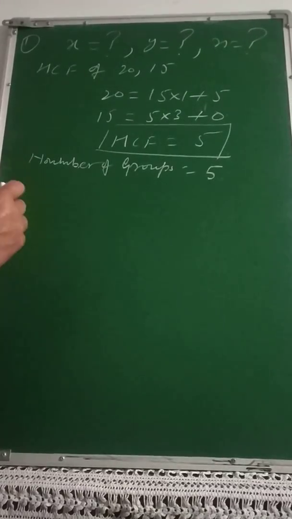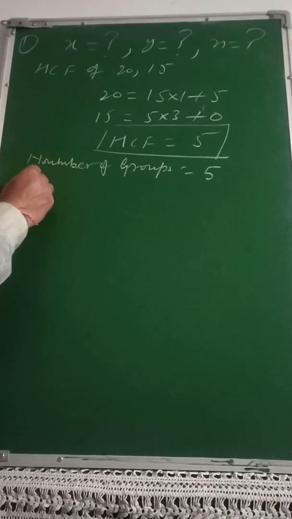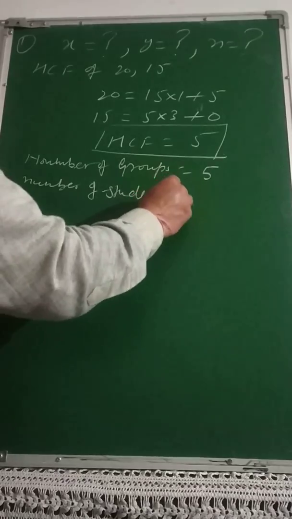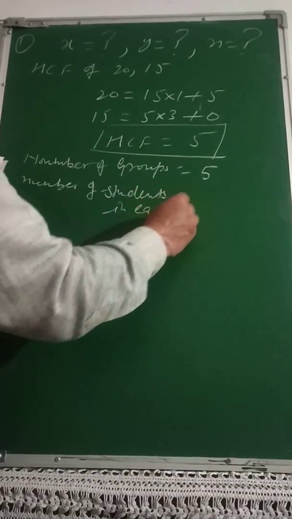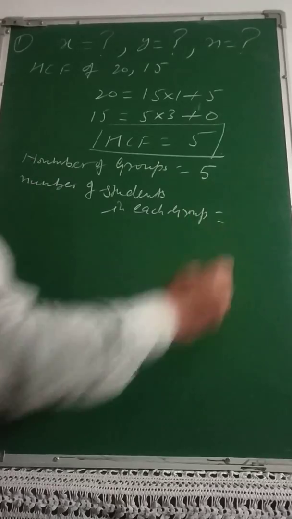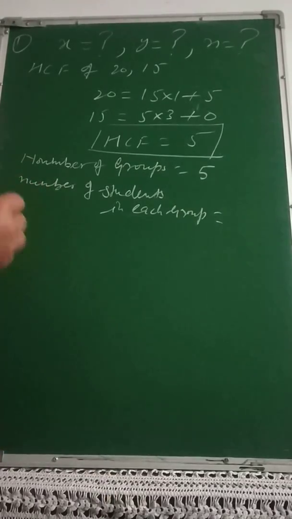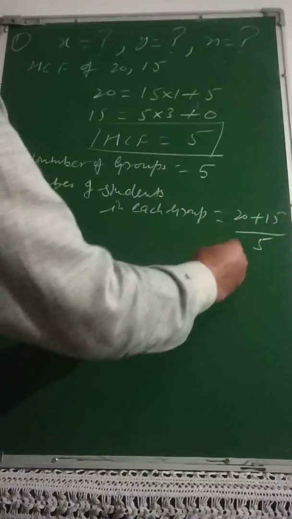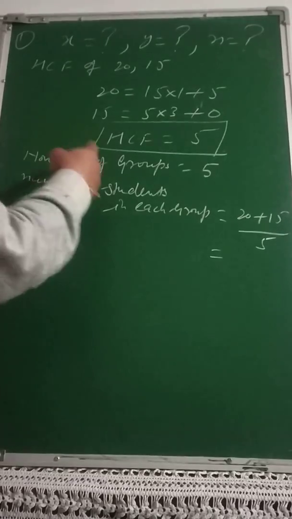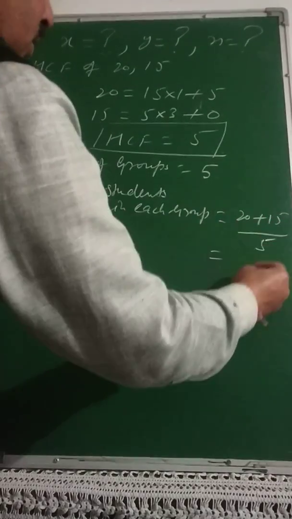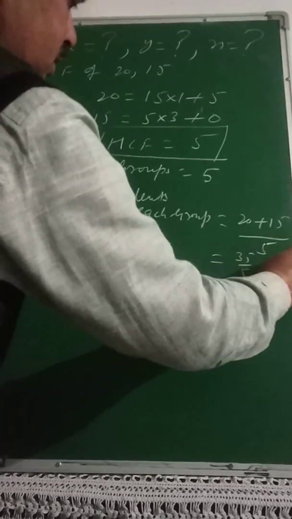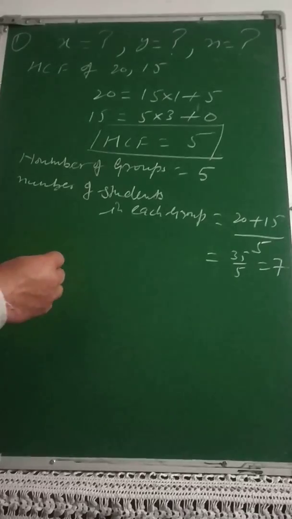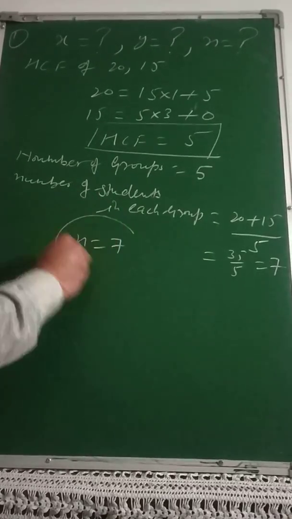So number of students now in each group. Number of students in each group will be the number of boys plus number of girls divided by the HCF. So it becomes 35 upon 5 is equal to 7.